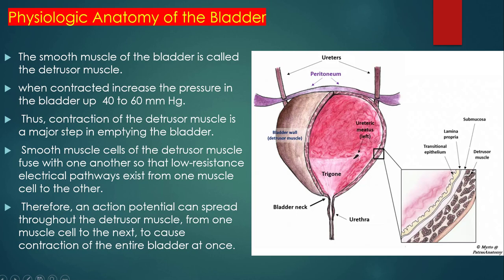Therefore, an action potential can spread throughout the detrusor muscle from one muscle cell to the next to cause contraction of the entire bladder at once. When one muscle fiber is activated, the whole bladder goes into contraction, and this mechanism is called syncytium.